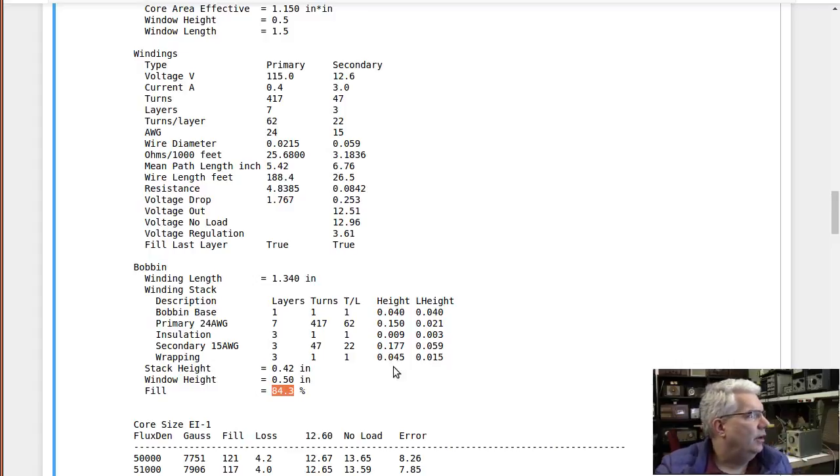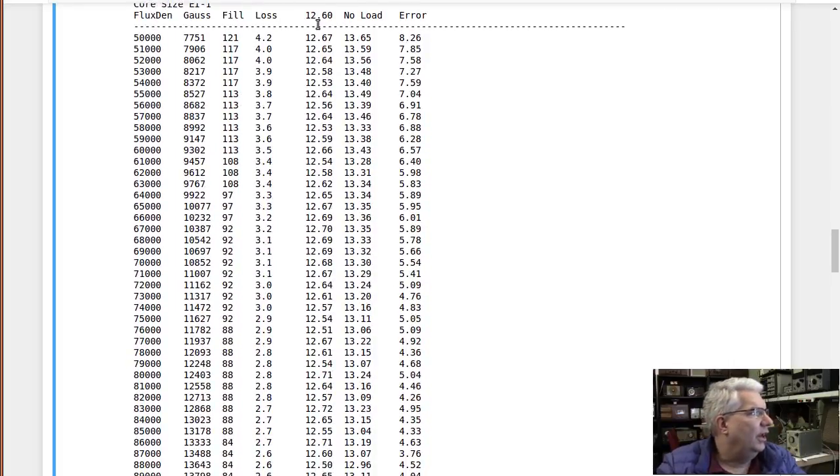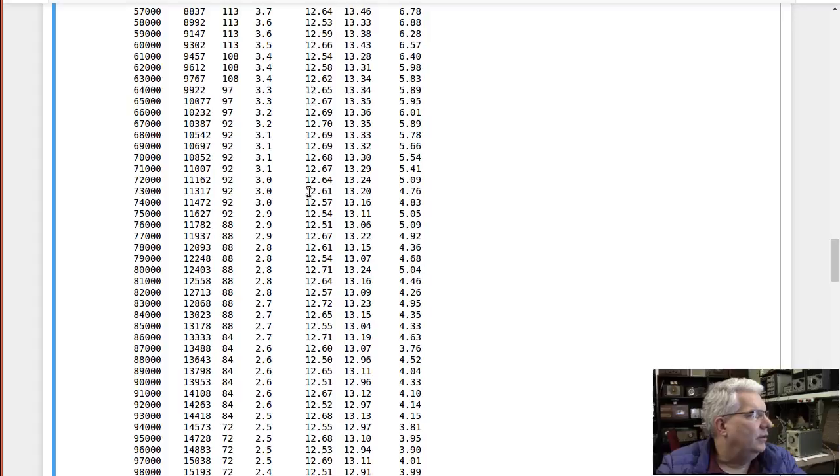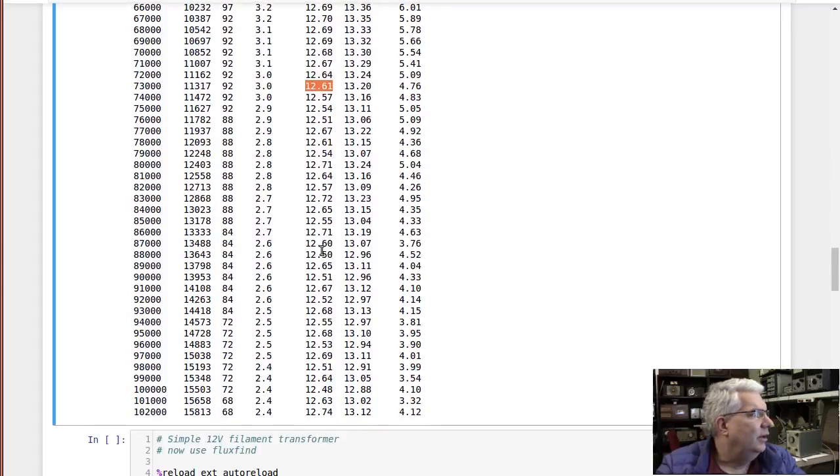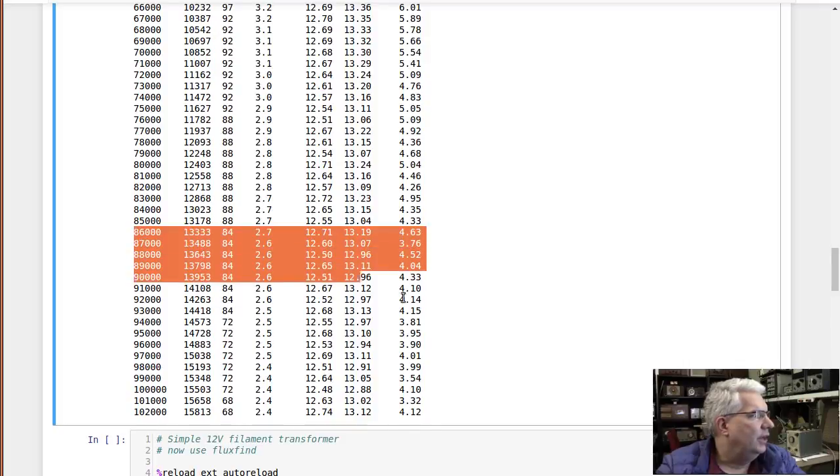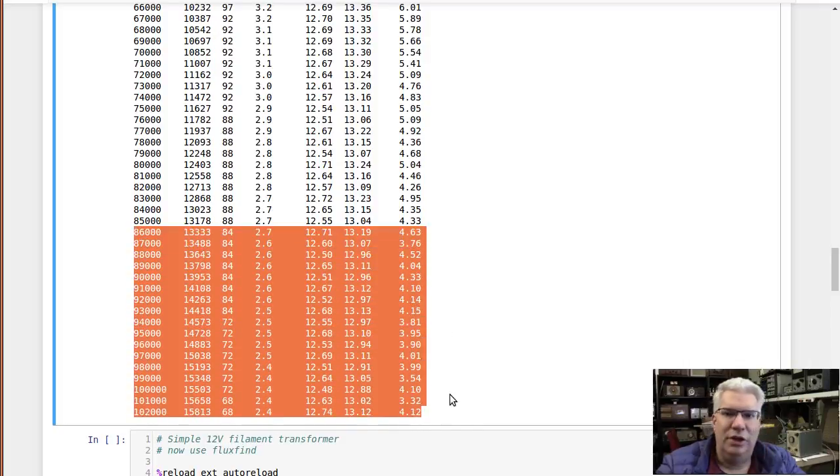All right, and my V out is at 12.5. So now I've got to go down and look, and I can find one of these values that's close to 6. This is close to 12.6, but I need the fill to be in the 80s, below 84. So almost any of these down here will be good.